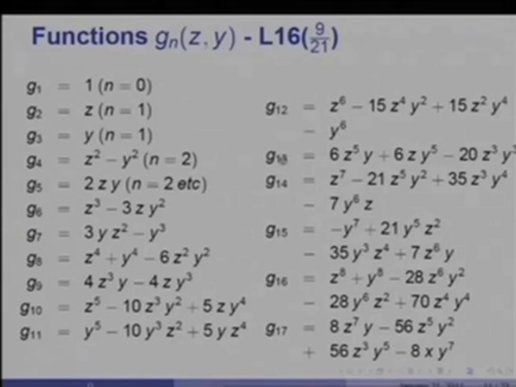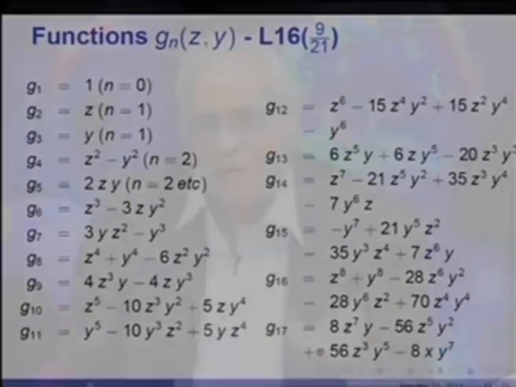G 12 and G 13 are solutions for n equal to 6. G 14 and G 15 are solutions for n equal to 7. G 16 and G 17 are solutions for n equal to 8. And as I said earlier, you could take n equal to 9, n equal to 10, as much as you like, and in each case you will get 2 extra terms in the equations.